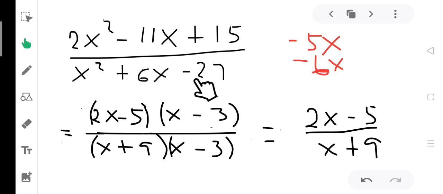Now for the denominator, we have x plus 9 and x minus 3. Let us check whether these are correct. We have x squared, so x times x, that's correct. For the last term, negative 27, that's positive 9 times negative 3.